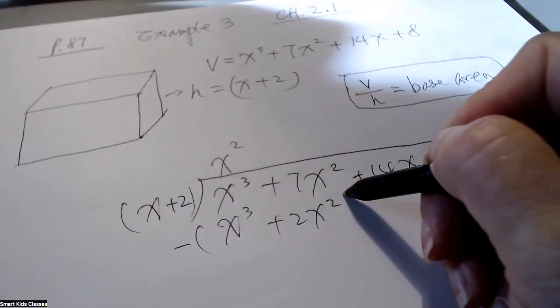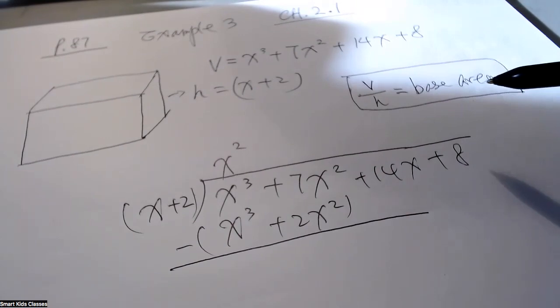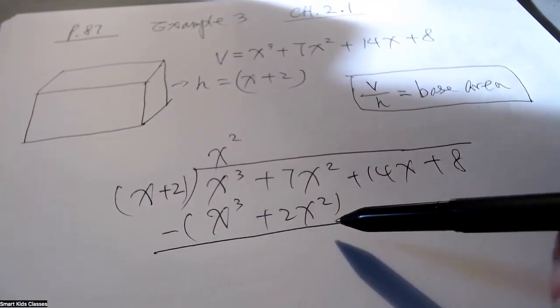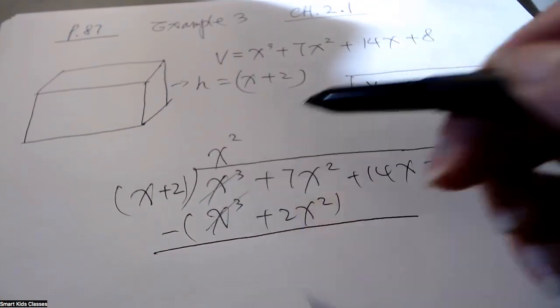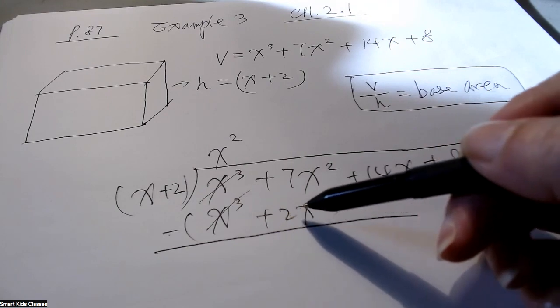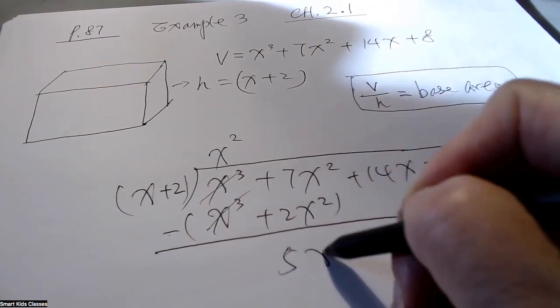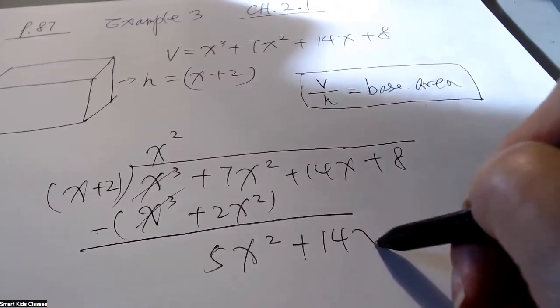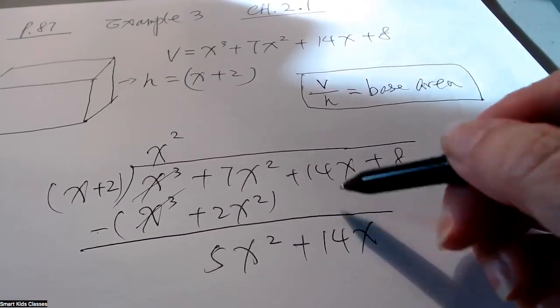So we subtract it. When we subtract, we change the sign. Positive, negative cancel. Positive, negative, we get a negative, and we get a positive 5x squared here. Then bring down the next term, 14x.